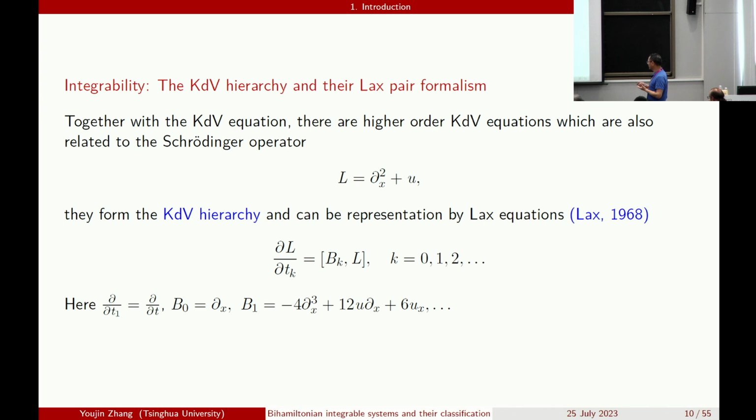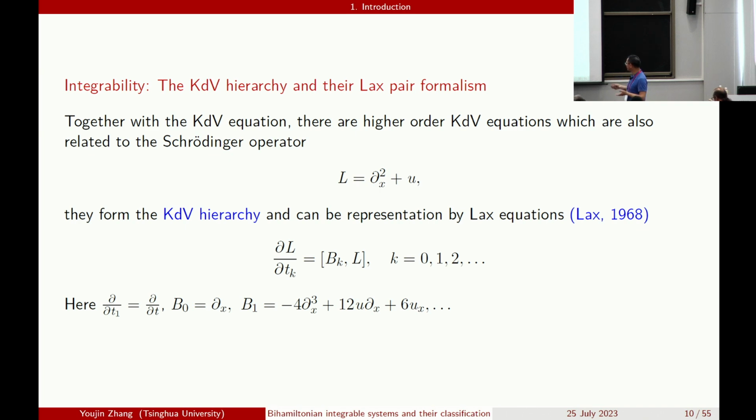So this inverse scattering transform means that instead of studying the evolution of the function u, the potential u, we consider the evolution of the scattering data along time. Then this nonlinear problem is converted to a linear problem for the scattering data, and then we use the inverse scattering to recover this potential u. Okay. So this formulation of Lax is a very important step toward our more general understanding of the integrability of evolutionary PDEs.